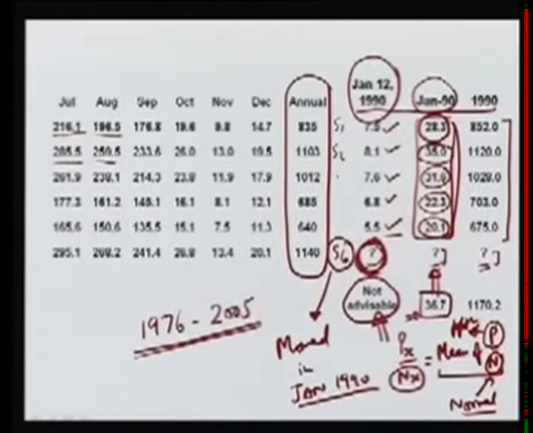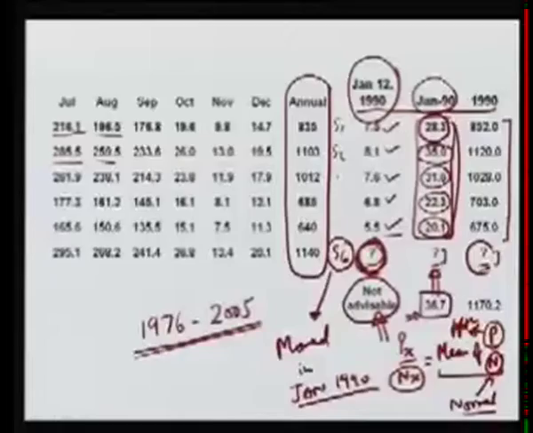So the same philosophy can be used to obtain the annual rainfall at station S6. For example, in 1990, annual rainfall at station S1 was 852, while normal is 835.